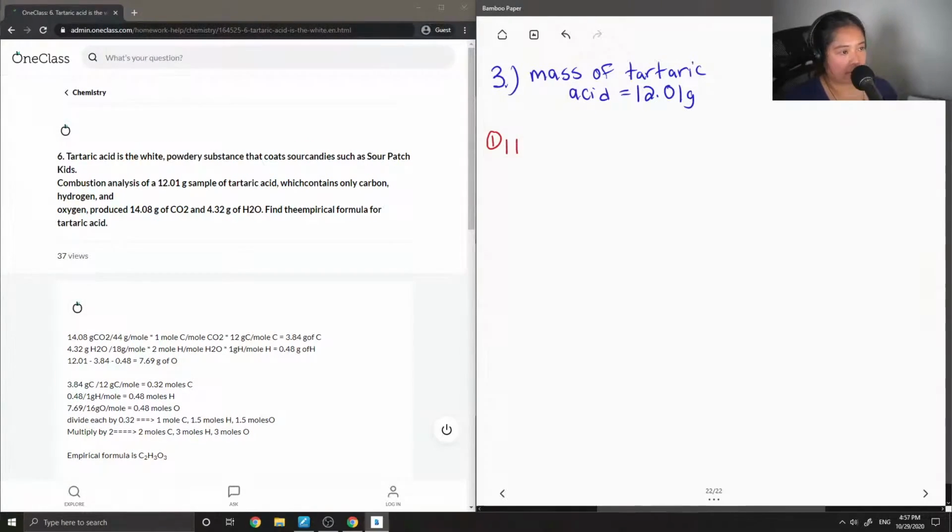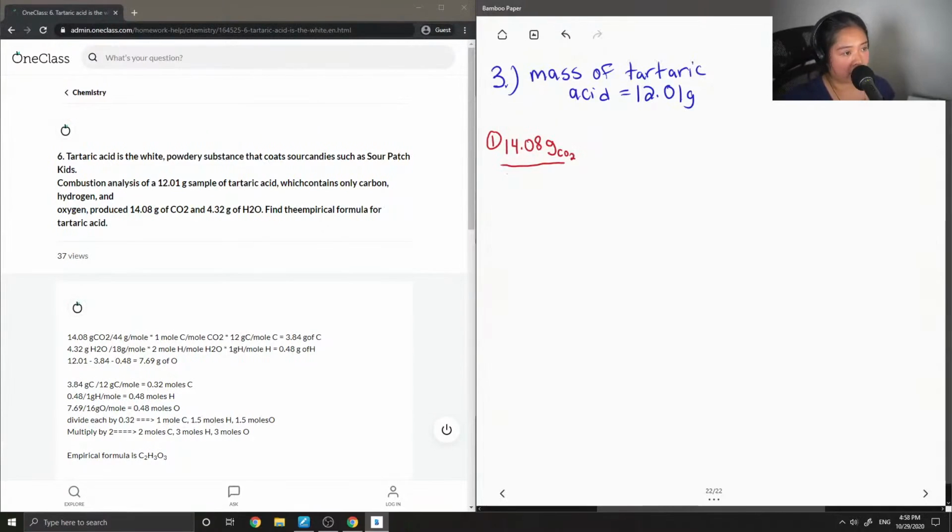We know that the mass of CO2 is 14.08 grams. I'm going to write out clear units so that you can see where everything came from and also how it cancels out in the end. First thing I'm going to do is find the moles of CO2 that was released. So to do that, it's just mass over molar mass.